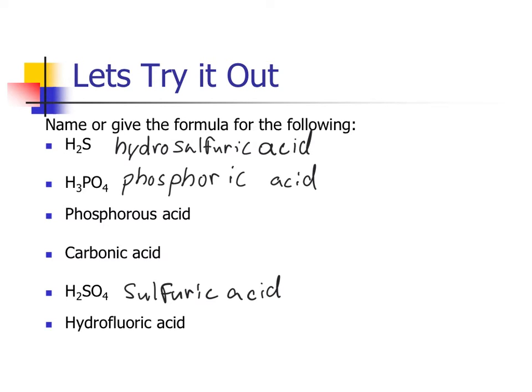Phosphoric acid, commonly found in Coke and Diet Coke products. It's one of the things that makes it different than Pepsi. If you are hauling Coke or Diet Coke syrup in a large enough quantity, you actually have to have a hazardous license to carry it.